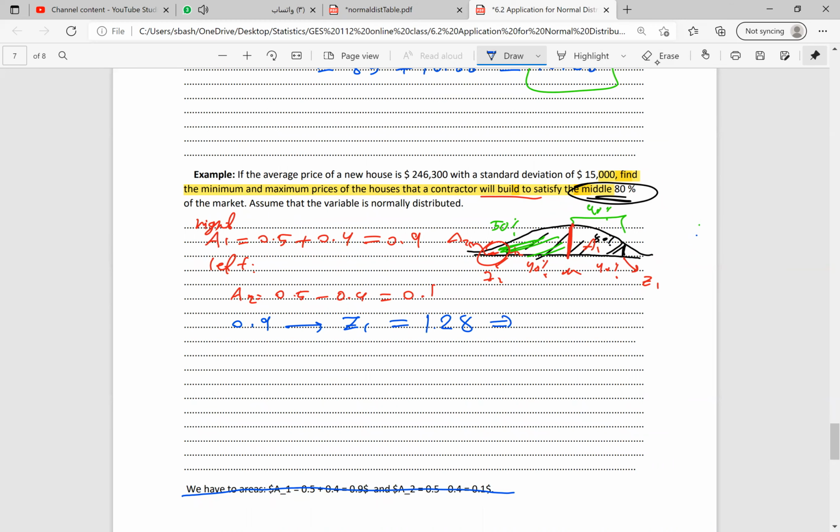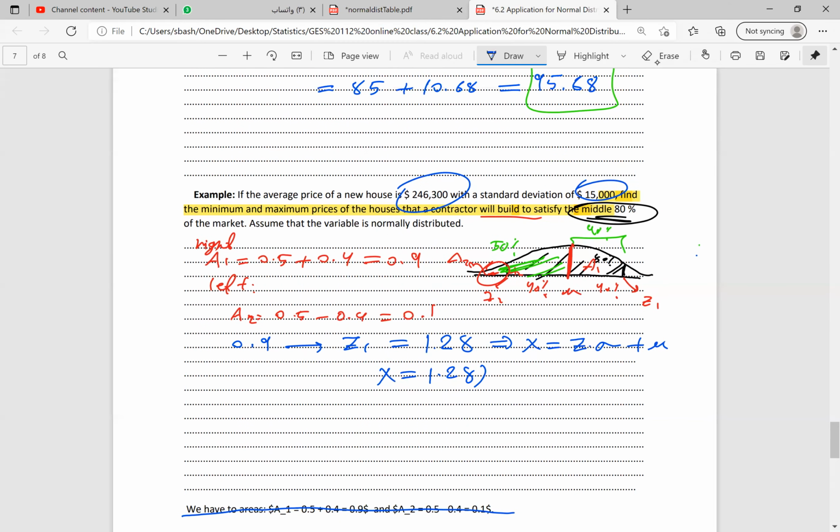And this will give me X equal to Z multiplied by sigma plus mu. We see the mu here, the average, is 246,300. Standard deviation is 15,000. So X in this case will be Z, 1.28, multiplied by the standard deviation, which is 15,000, plus the average, which is $246,300.